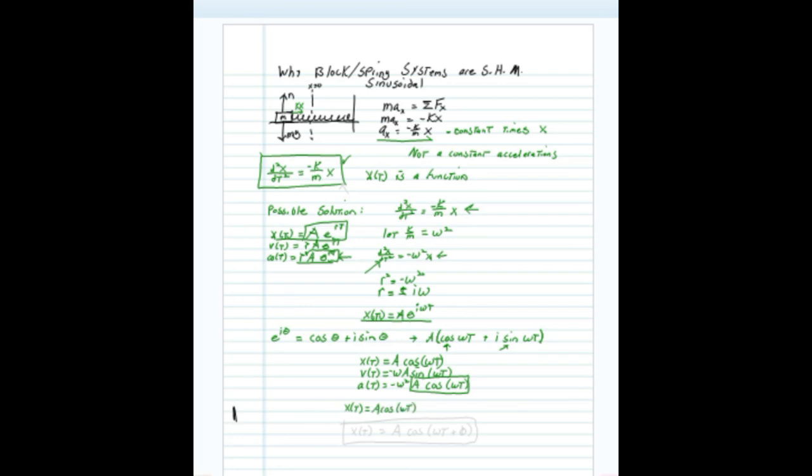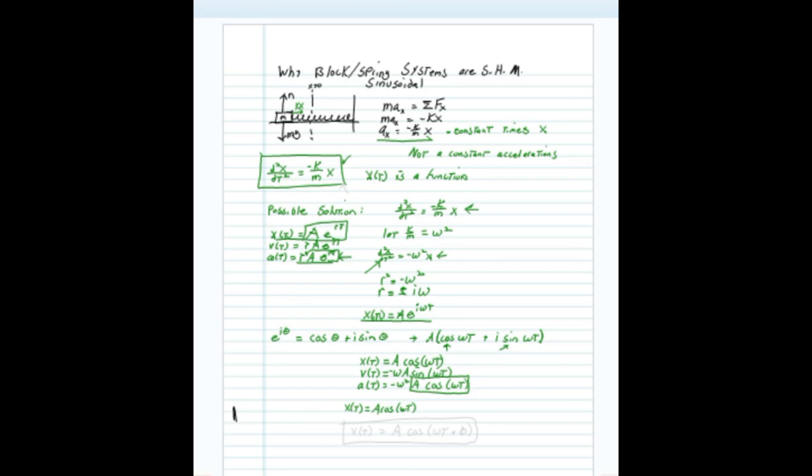think about what that looks like, right? At time 0, this thing would be at its maximum position, because a cosine function starts at 0 degrees or 0 radians at its maximum height. So this would be at its farthest position from equilibrium at the exact time when it starts. In reality, that might not always happen.